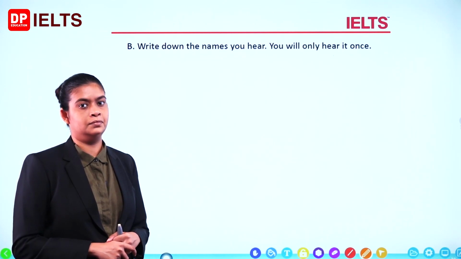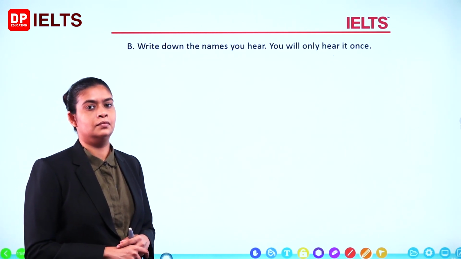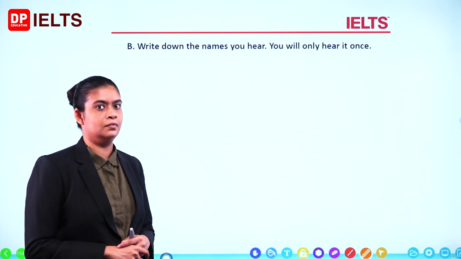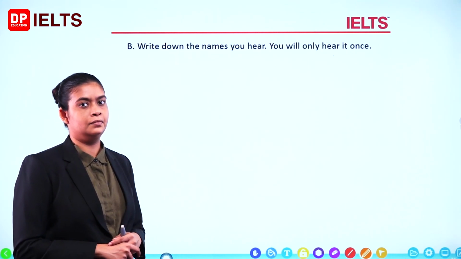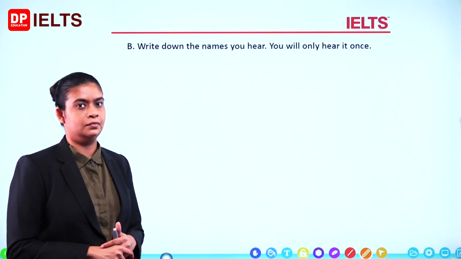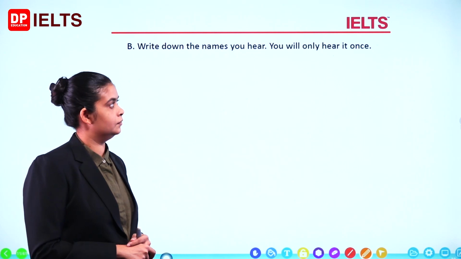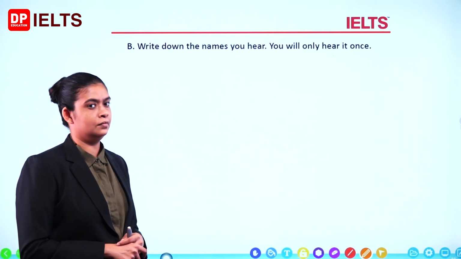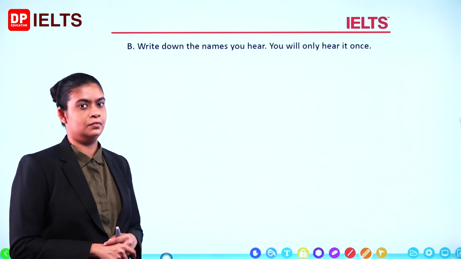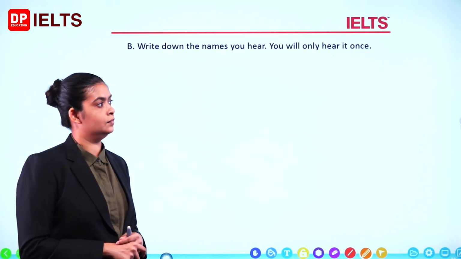Number 5. Robert Powers. Number 6. Emily Jackson. Number 7. Nora Ingalls. Nora is spelled Nora. And the last name is spelled Ingalls.